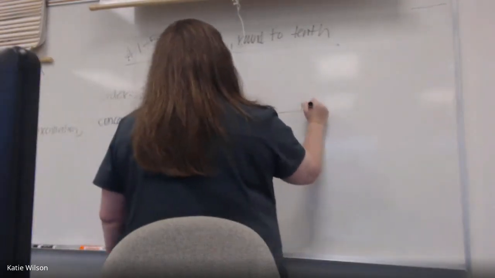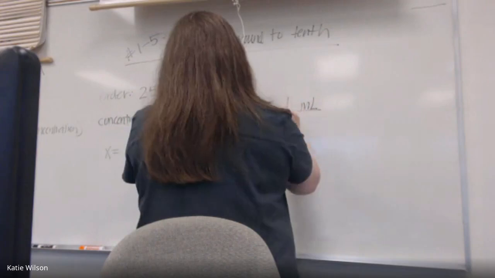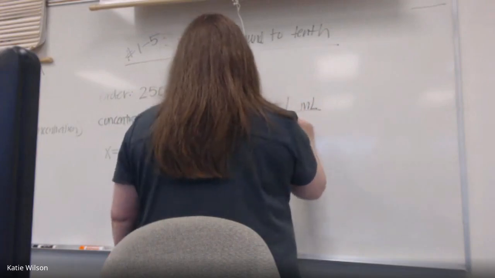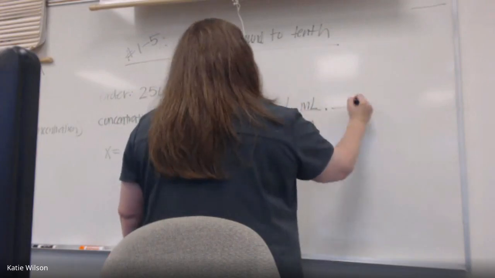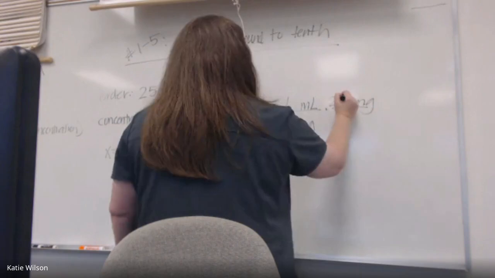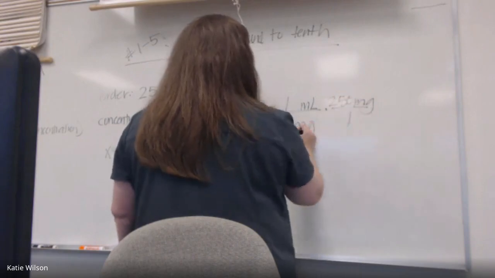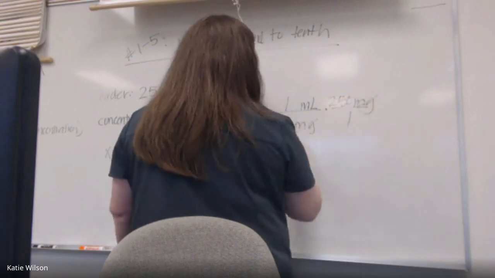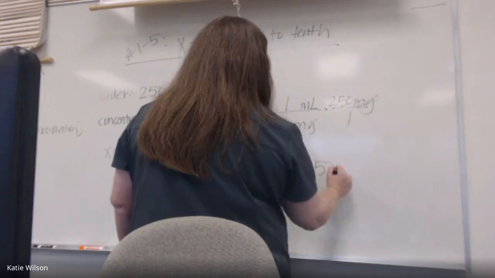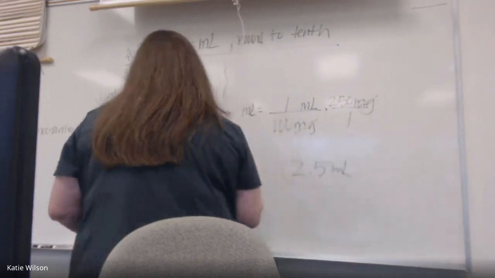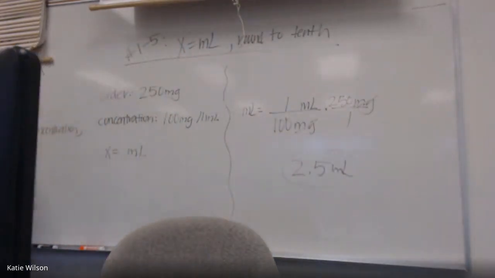That's what I start with on my top, and I've got 1 milliliter containing 100 milligrams. Cancel out milligrams. I've ordered 250. Cancels out milligrams. 250 divided by 100, and I get 2.5. Yes, try number 3.